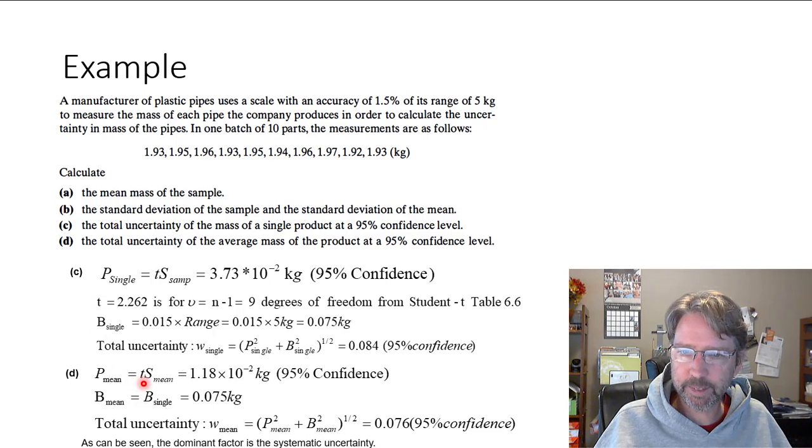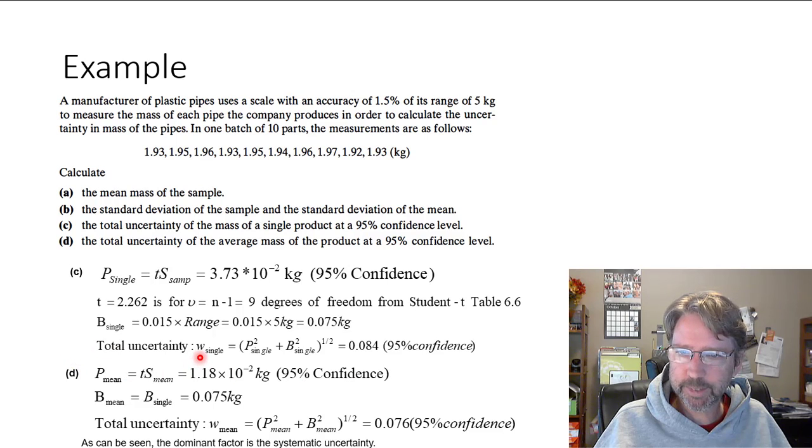Use that same T times the standard deviation of the mean, and we find P for the mean. B is always going to be our 1.5% times the range. That gives us 0.075 kilograms. In both cases, we use the same thing. So for the uncertainty in the mean, this is our usual calculation, and we combine them for the total uncertainty in the mean, 0.076.